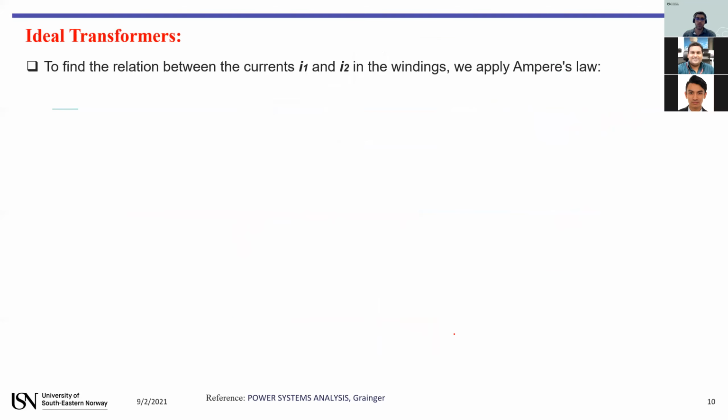However, what's the relationship between the currents on both sides? In order to calculate the currents on both sides, we use Ampere's law. A core has a background in magnetism, so we can write this expression for every flux path.